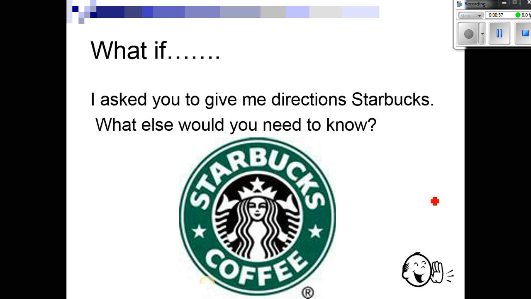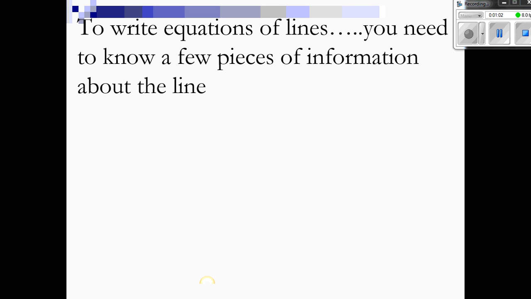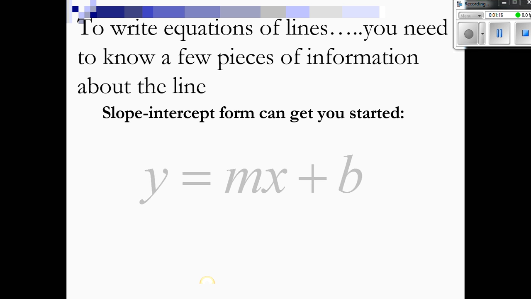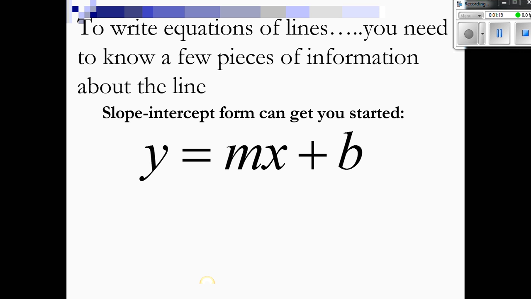So just like when you're giving directions to Starbucks, when you are writing equations of lines, there are some very important key pieces of information that you need to know about the line in order to write the equation of the line. And those key pieces, using the formula y equals mx plus b, the two very important key pieces of information that we want to know are the m and the b.